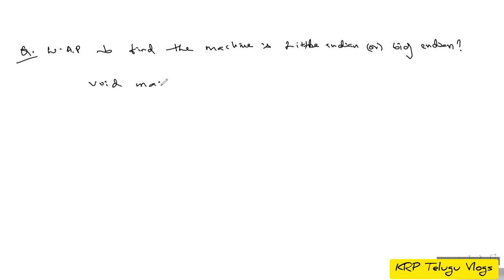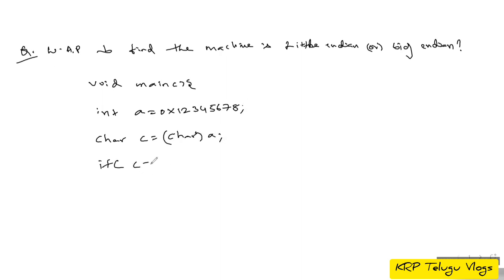Void main. Now int a is equal to 0x12345678. Character c is equal to char of a. If c double equal to 0x78, what is this? What machine is it? Little endian, yes, exactly.